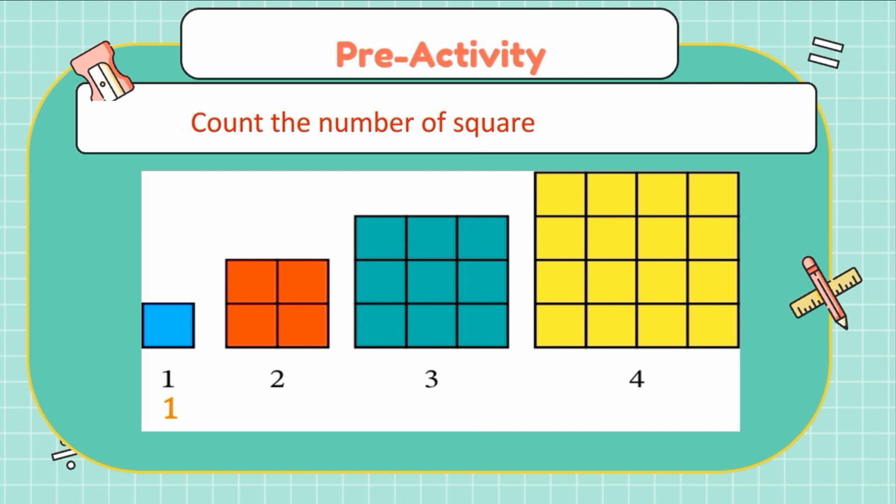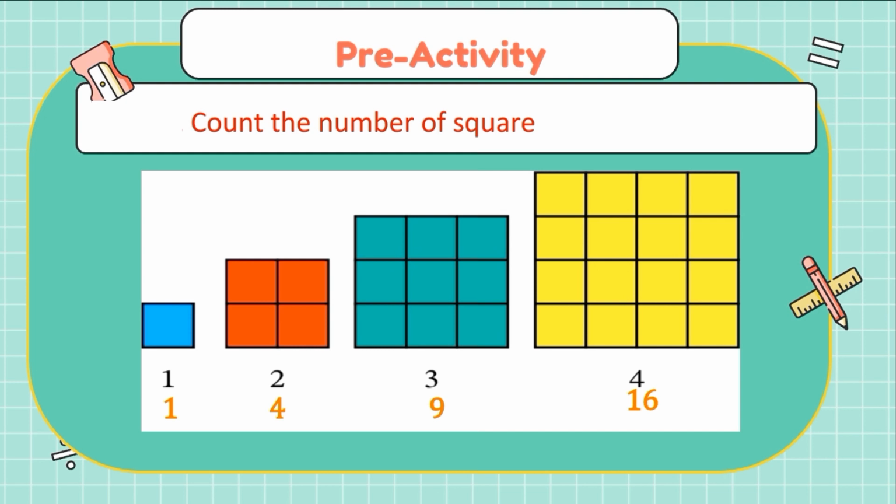Okay, great, 1. How many squares in number 2? Right, 4. And in number 3? 9. Great. And last, number 4. How many squares? 16. Great job.